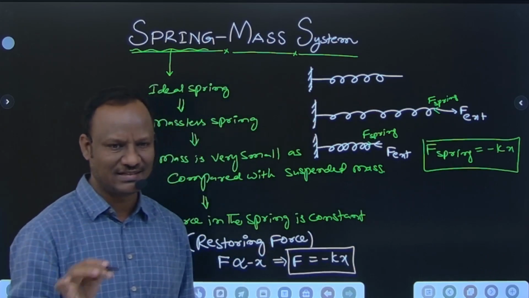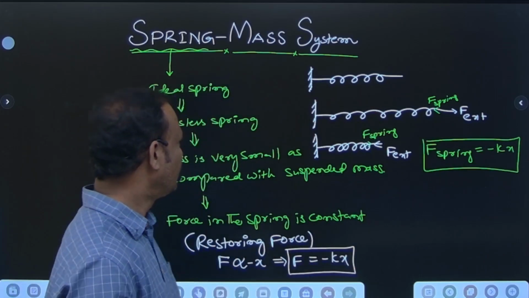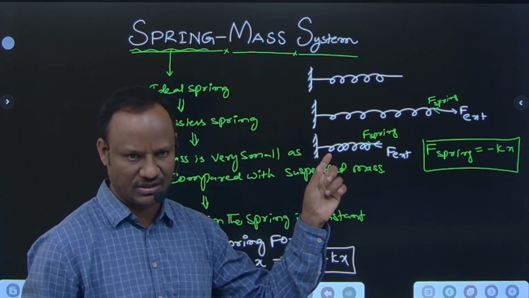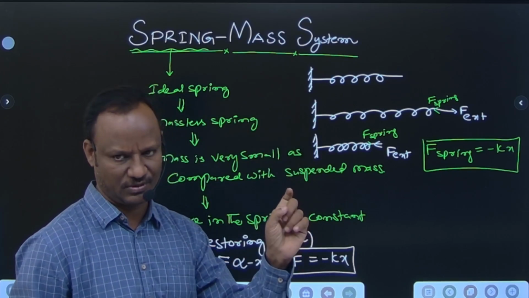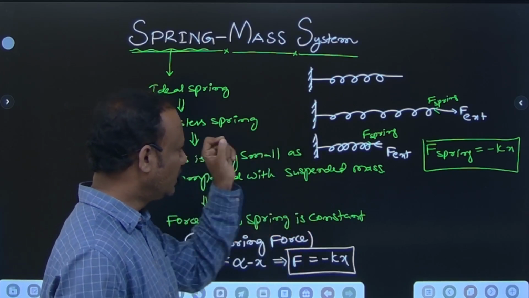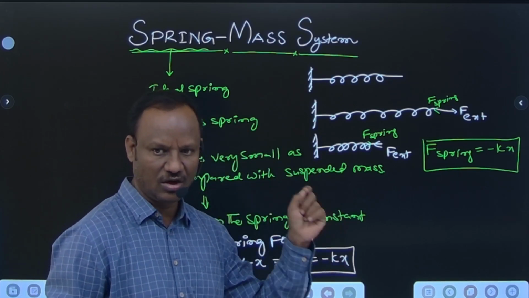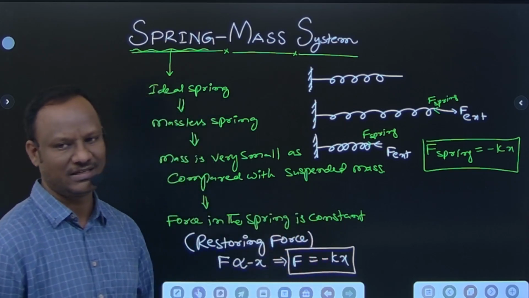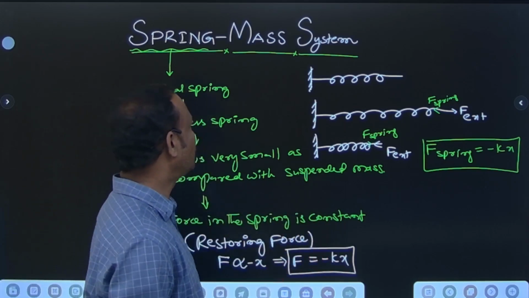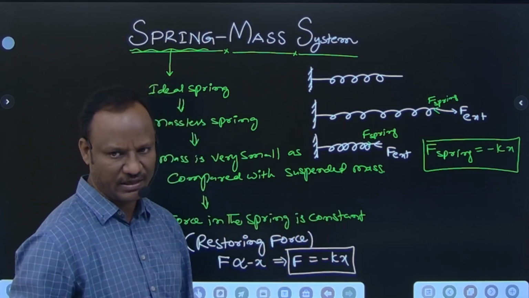A force is developed in the spring when there is a small elongation or compression. When the spring is slightly elongated or compressed linearly, the developed force is called the spring force.